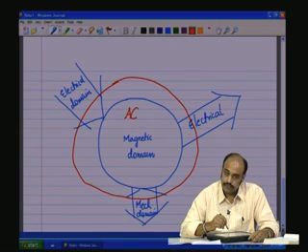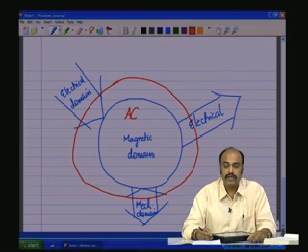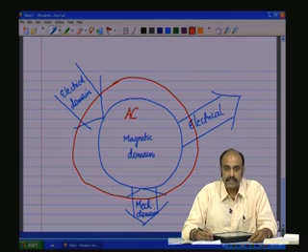So, before we go further into understanding equipment like induction motors, 3-phase transformers, synchronous motors, and synchronous generators, we should have a good understanding of 3-phase systems.